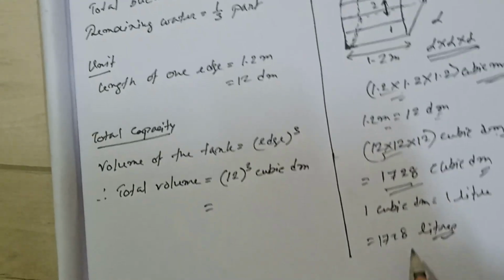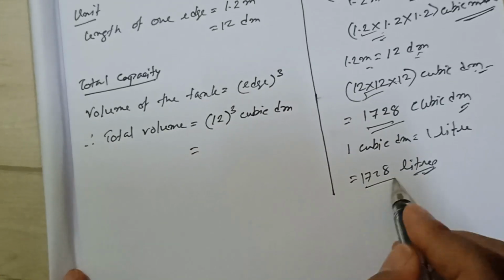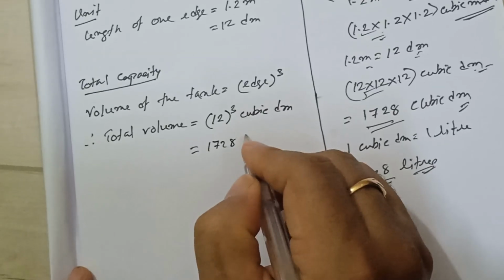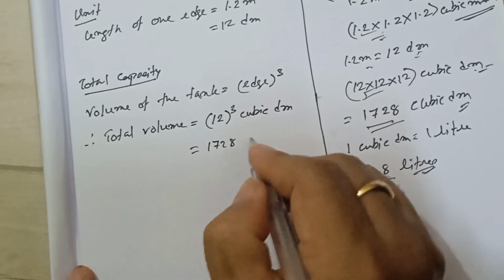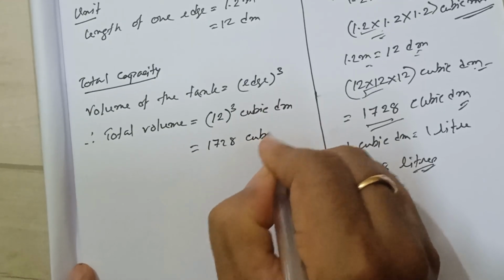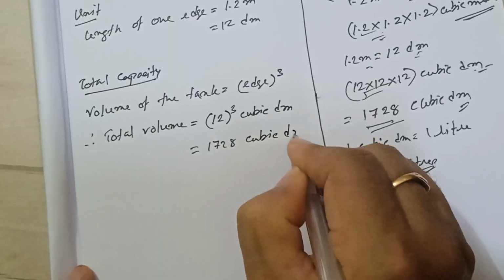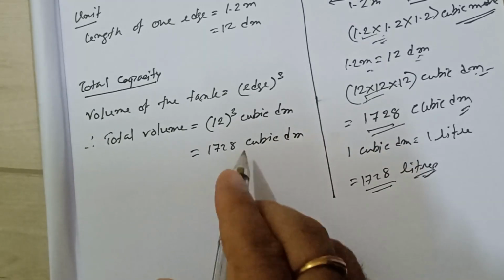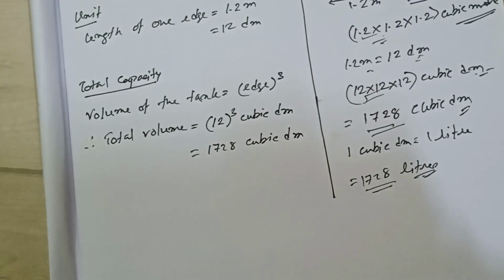If you multiply it, how much do you get? 1728. Cubic decimeter. We will later convert it to liters. Cubic decimeter, or 1728 liters.